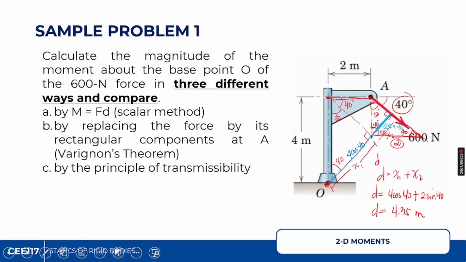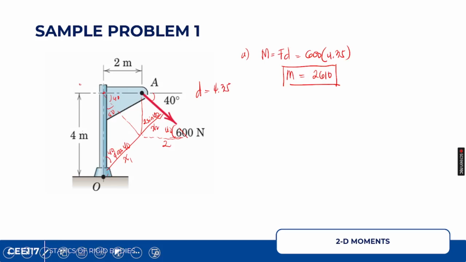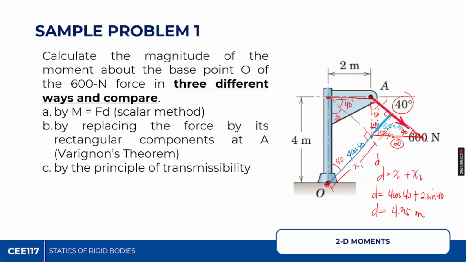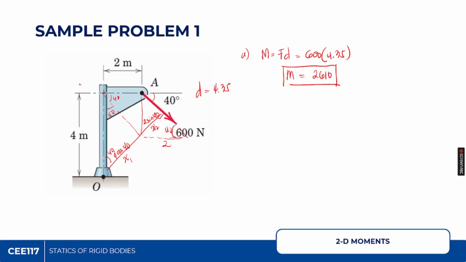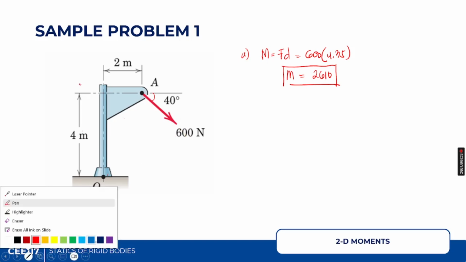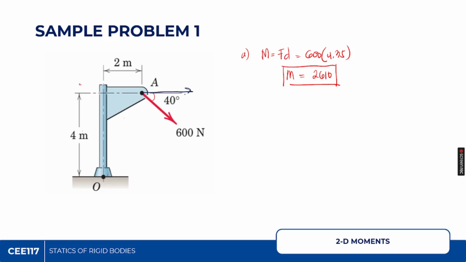Scalar method. So, let's try solving this one using Varignon's theorem. Erase ko na ito muna. Using Varignon's theorem, we can resolve this 600 Newton into its components. For this component, we already have the perpendicular distance, which is 2 meters.